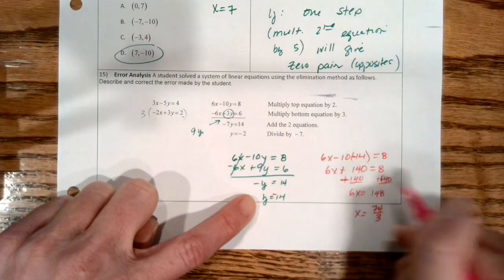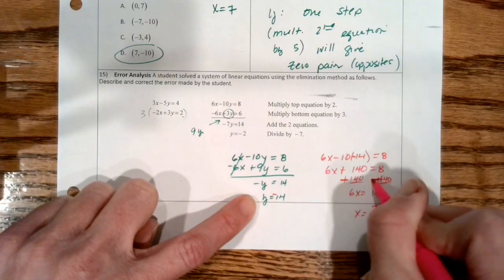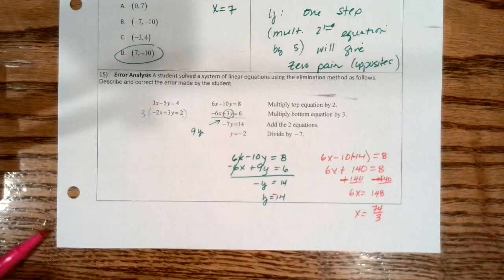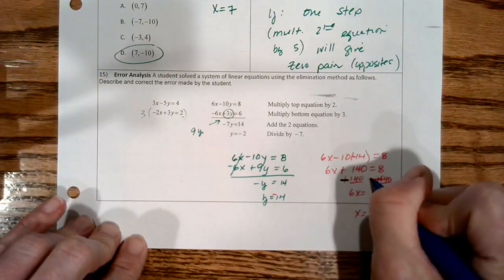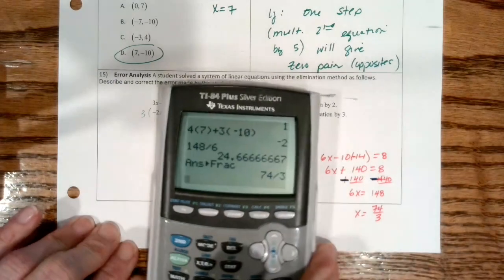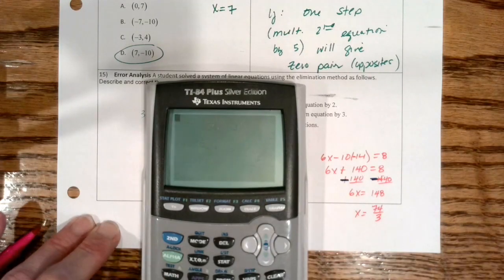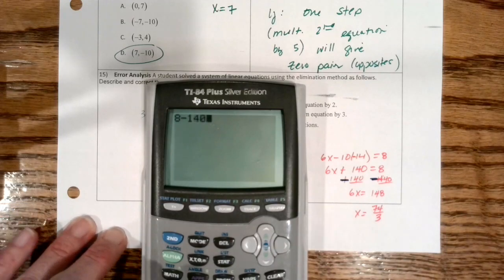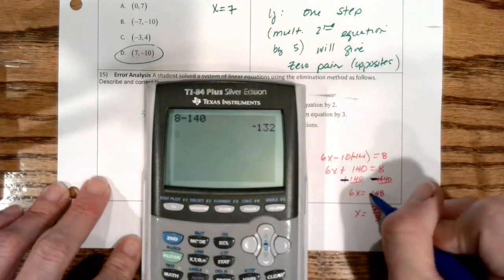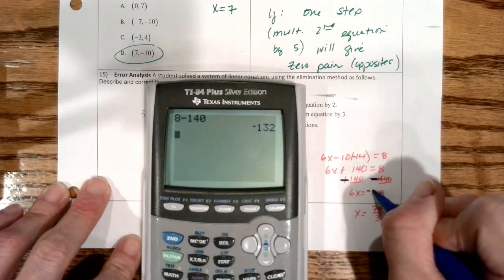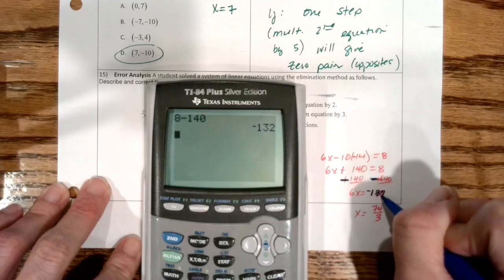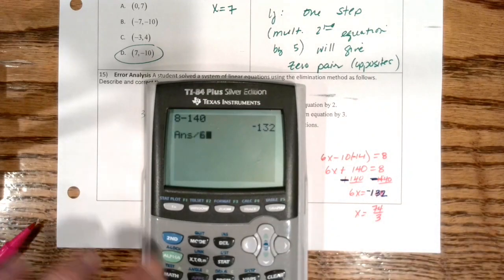This is minus 140. So we have 8. Clear that out. 8 minus 140 is going to give me negative 132. Divide that by 6.